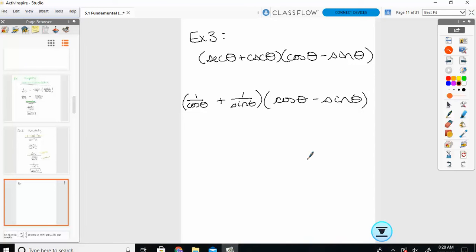Now think back to algebra. If you have 2 parentheses like this, what do we have to do? Okay. What is 1 over cosine times cosine? This is like cosine over 1. So if you multiply the tops, you get cosine. Multiply the bottoms, you get cosine. So cosine divided by cosine is 1.